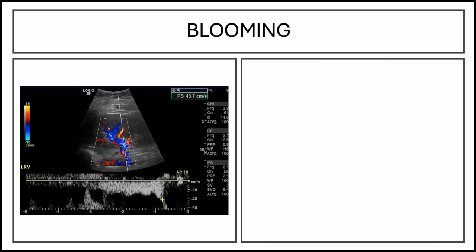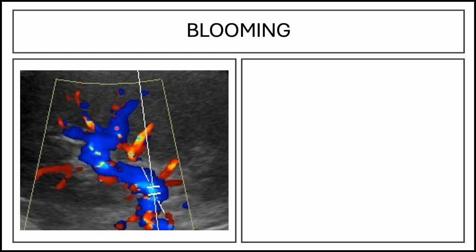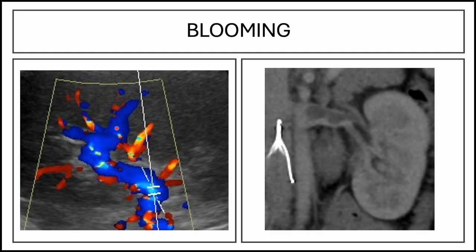And so here's an example of a color Doppler image where we're looking at the renal vein. There was concern of renal vein thrombosis, and it looks like there's no renal vein thrombosis, but we ended up getting a CT scan of that same area, and sure enough, you can see this non-occlusive renal vein thrombosis. And so the reason that we're getting this is because of blooming artifact.